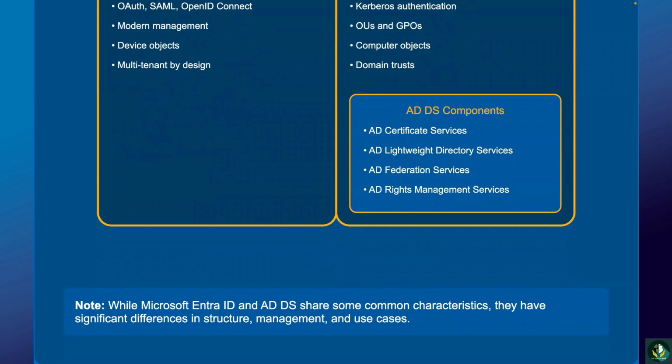ADDS primarily uses Kerberos, while Microsoft Entra ID uses various modern protocols. 5. Object types. ADDS includes computer objects, while Microsoft Entra ID uses device objects. 6. Multi-tenancy. Microsoft Entra ID is inherently multi-tenant, while ADDS uses domain trusts for cross-domain relationships.